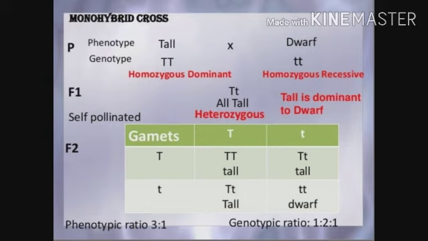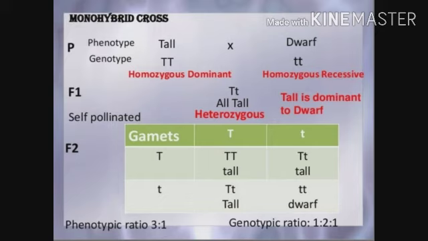I told you that in the monohybrid cross only one character will occur in the cross. In the given figure you can see a tall plant and a dwarf plant. Tall and dwarf, these both are in the homozygous condition. Capital T, small t.